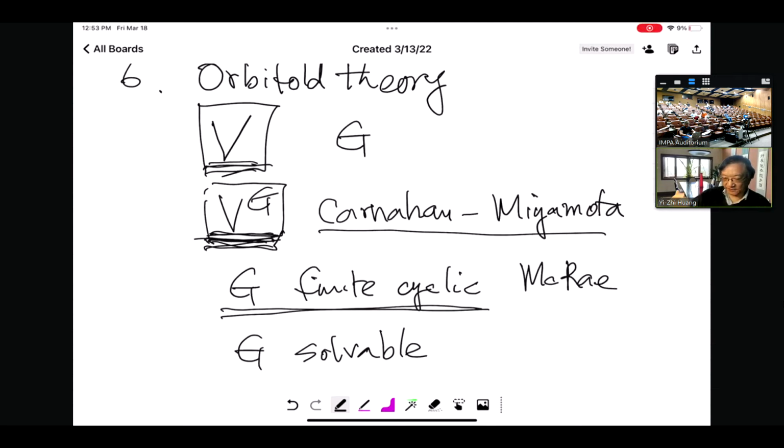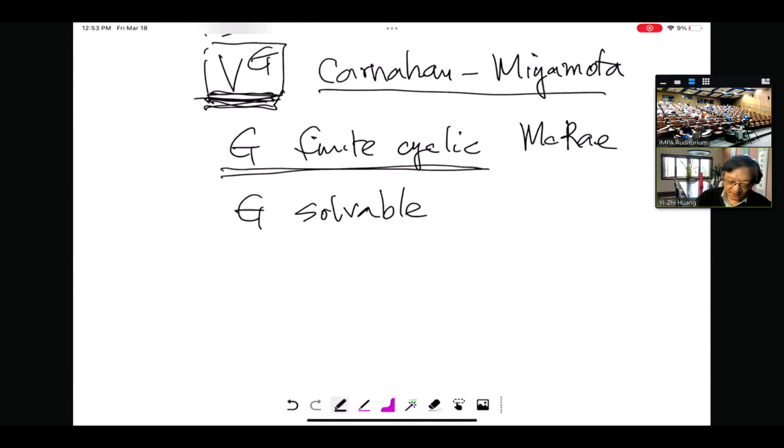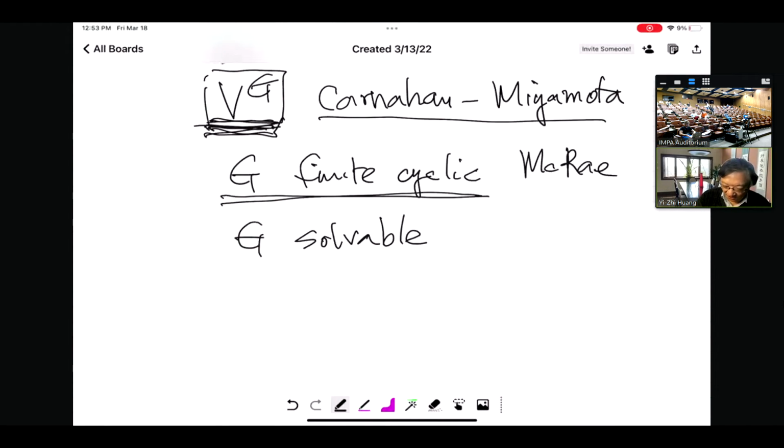This is very difficult. So even the finite cyclic case is already so difficult that you have to use the whole representation theory results we obtained up to now.